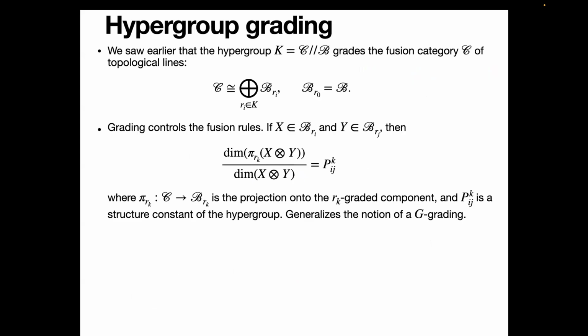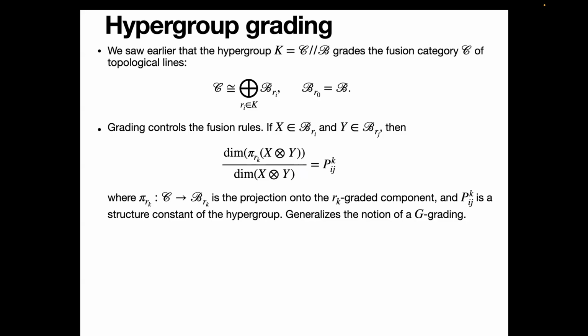Leia already discussed this, but just to say that this grading isn't just like a grading, it also controls the fusion rules in the sense that if you look at how much of the quantum dimension of x times y lives in a particular component, the fraction of that is given precisely by the structure constants of the hypergroup.